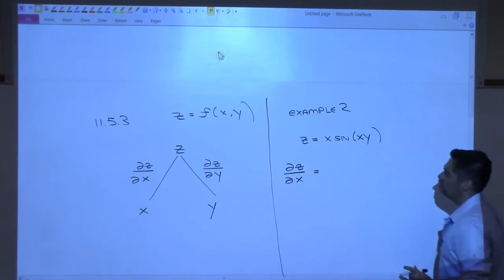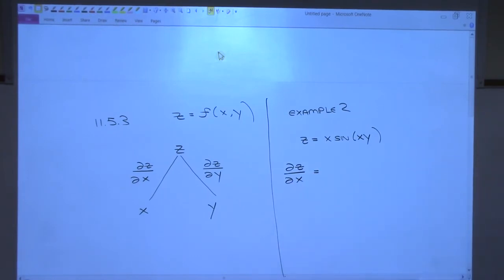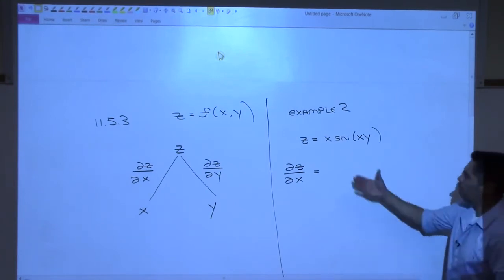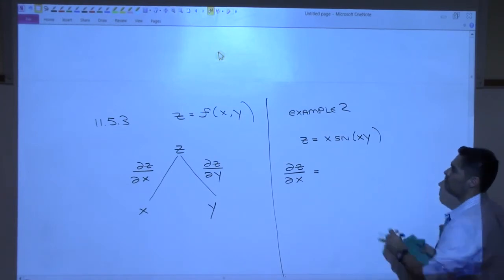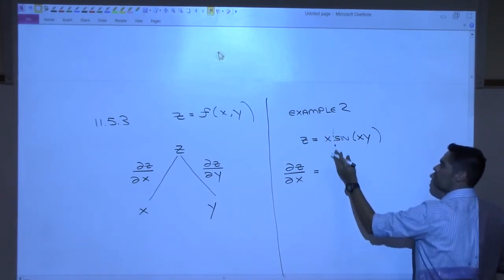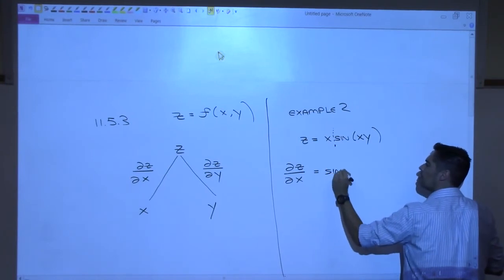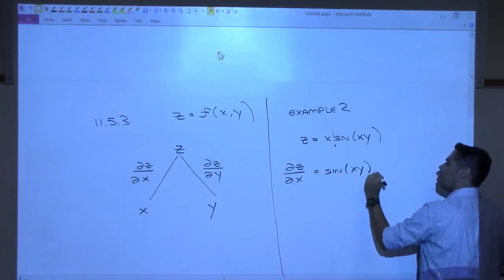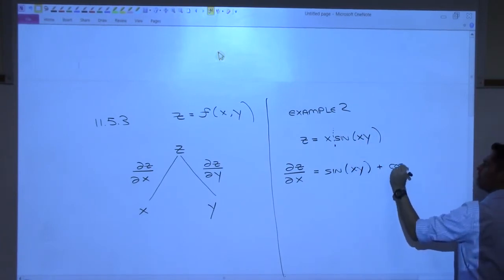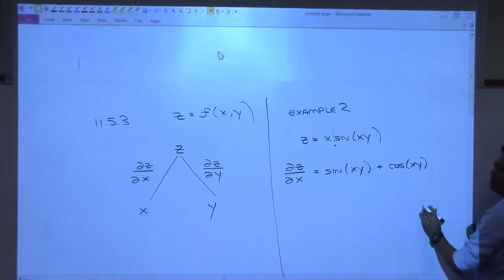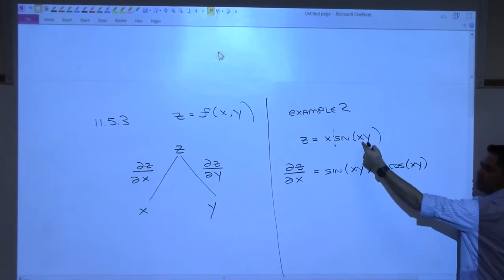This would be equal to, I'm going to hold which variable as a constant? Y. So that means I'm going to have to do what when I do this here? Product rule, right? So product is right here. Derivative of x is 1 times the other one, plus, now derivative of this one, cosine xy. Then go inside, what's derivative of xy with respect to x?